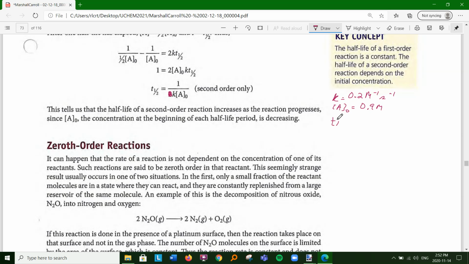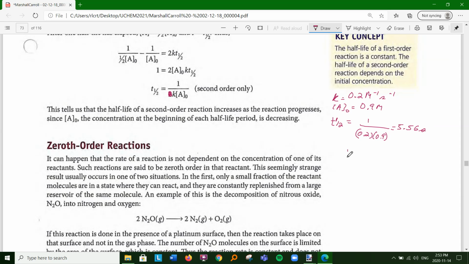Then I could get the half-life, but just the first half-life. So it'll be 1 over 0.2 times 0.9. So that'll be in seconds: 5.56 seconds.